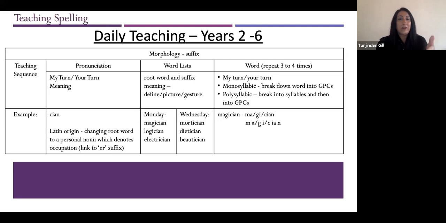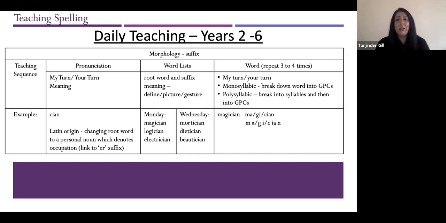But here, for example, with magician, logician, electrician, you can kind of argue there's a rule there, but then when you look at other words, there's not really a rule. You can kind of explain what's going on there, but again, I'm not sure what value that is or how much time you really want to spend on that. Is it really valuable to talk about changing the Y to an I in the case of a beautician? Is that really a rule?